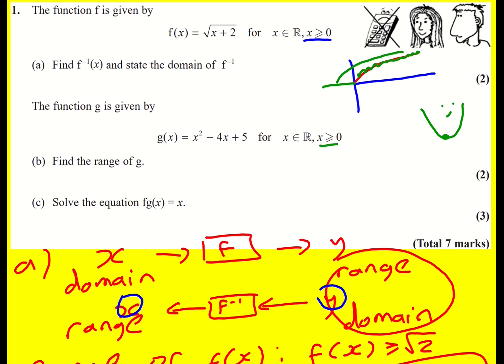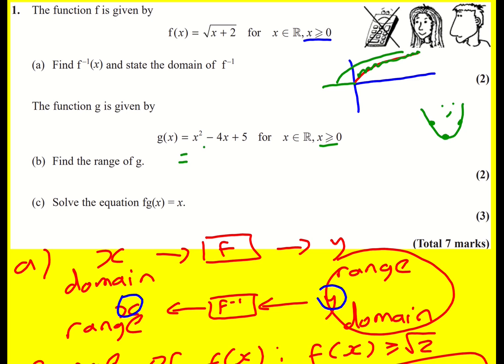Let's work out where the minimum is. You can't necessarily just put 0 in, because 0 might give you this value, and there might be lower values, is what I'm trying to say.